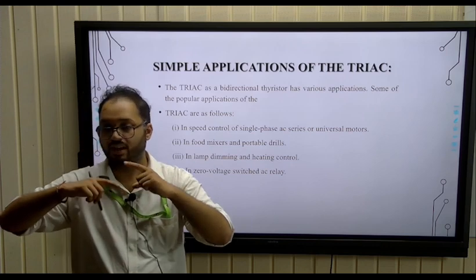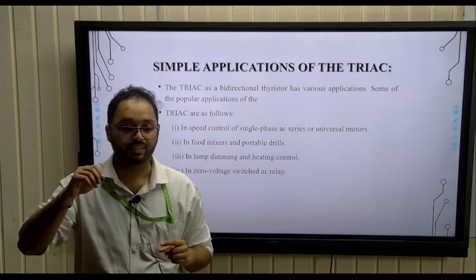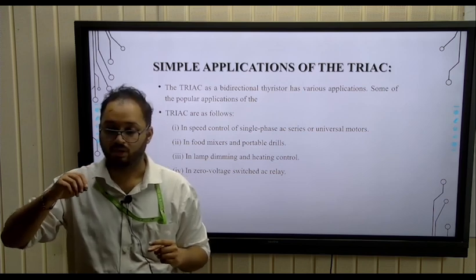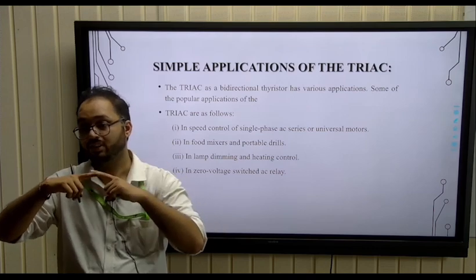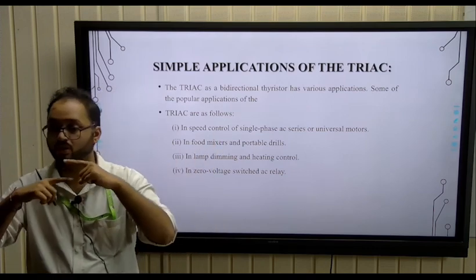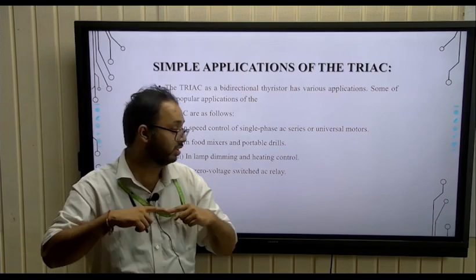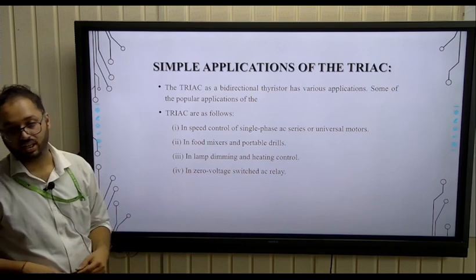You can say it is like when you are welding, an arc is formed and the metal gets melted. That much heat can be produced in the circuit breaker also, which can break the whole circuit breaker. That is why it needs to be switched off at zero voltage. There, this Triac is used to switch on the relay.